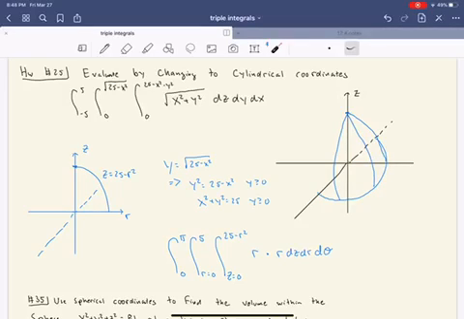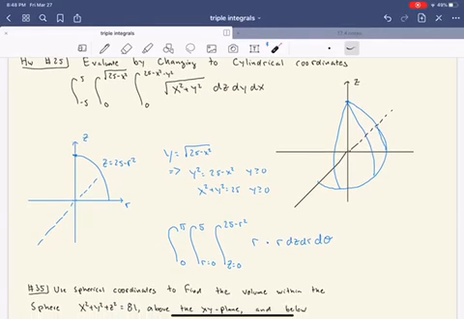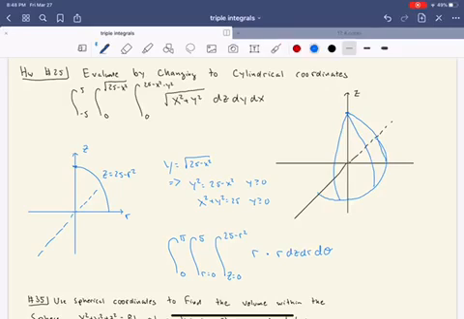Now, what's our other boundary? 25 minus x squared minus y squared. That's a boundary in z. Let me write it out here.